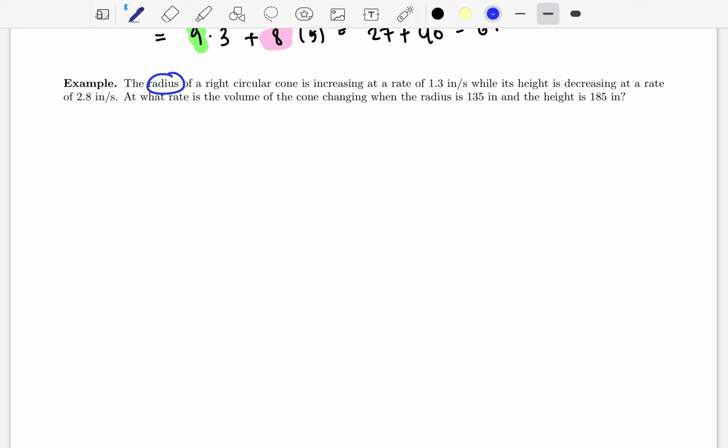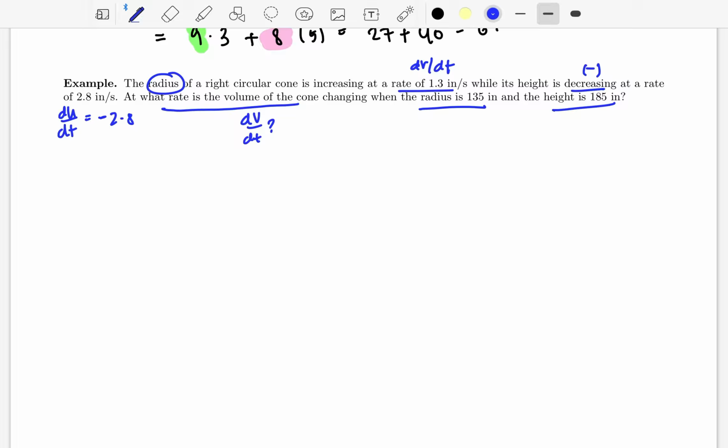And then it says while the height is decreasing at a rate of, so since it is decreasing, it'll be negative. So we have that dh dt is equal to -2.8, right? It'll be negative. At what rate is the volume of the cone changing? So we're looking for dv dt exactly when the radius is equal to 135 inches and the height is 185 inches.